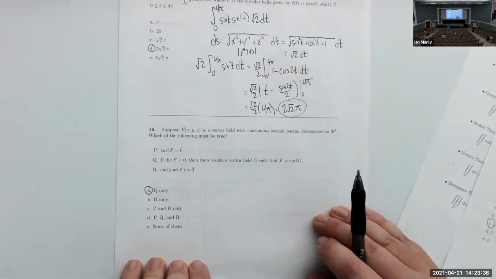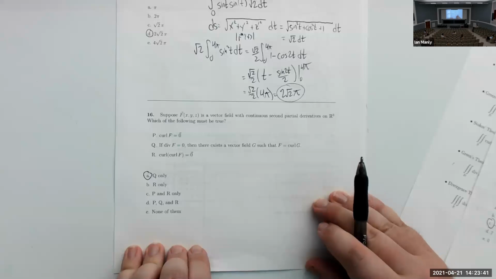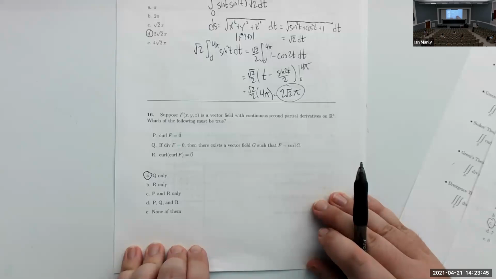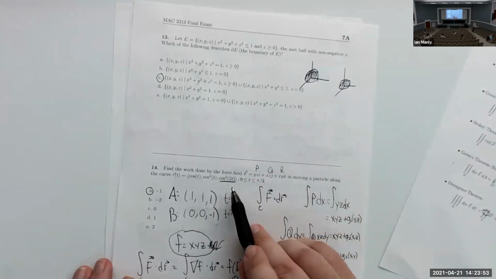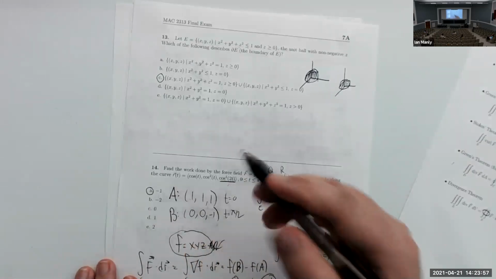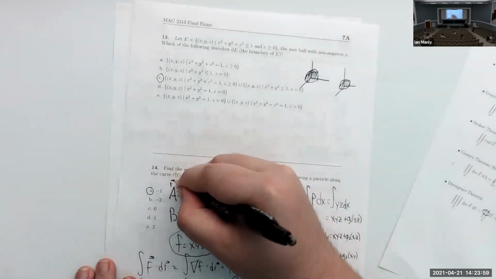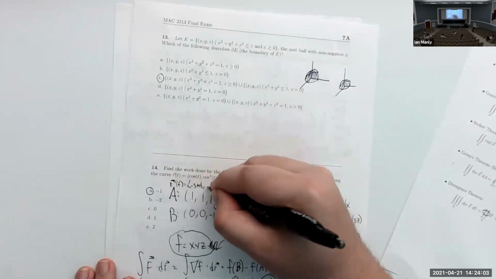All right, let's see here. Next, on the previous question, how could we use the formula without having the gradient? Oh boy. So I'm guessing you're talking about number 14. So if we were masochistic, we could have done this one by finding out what r prime is, which would have been negative sine of t.